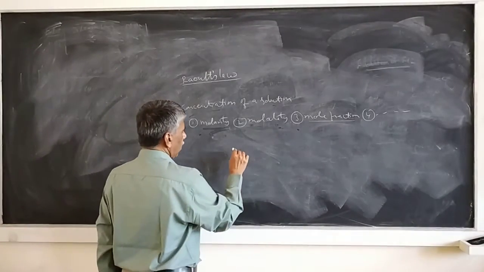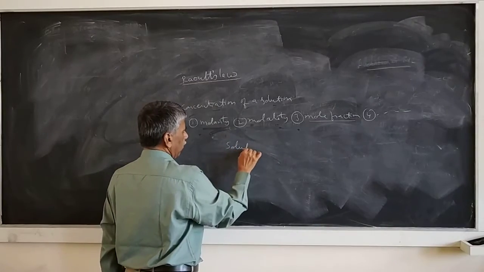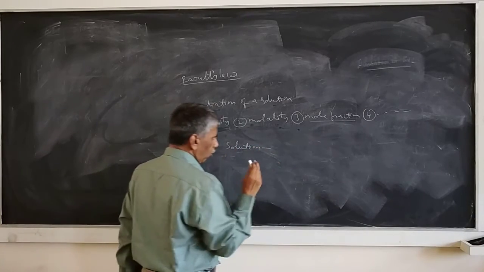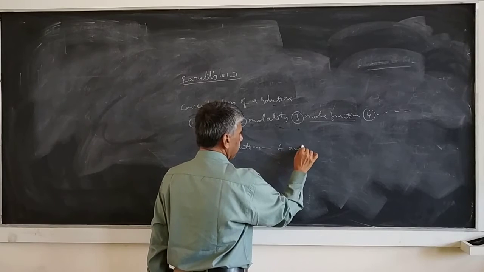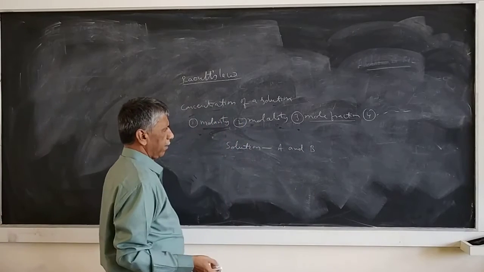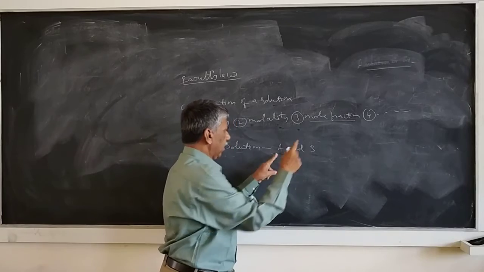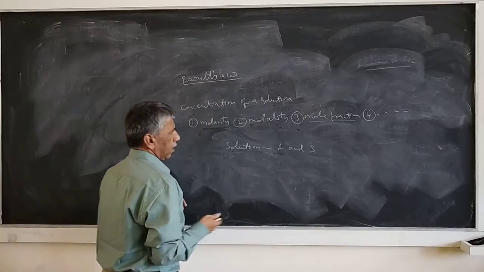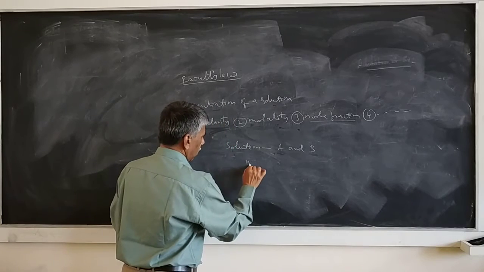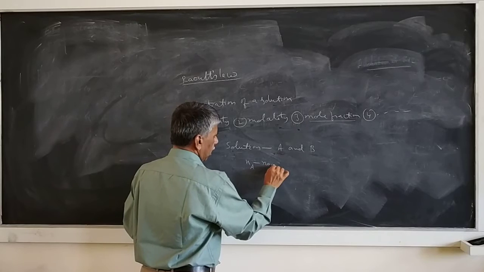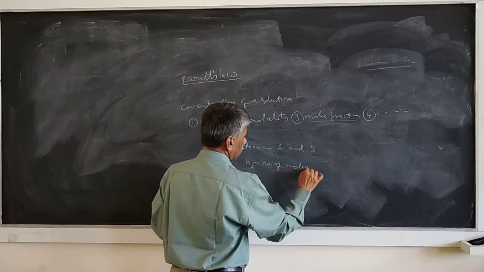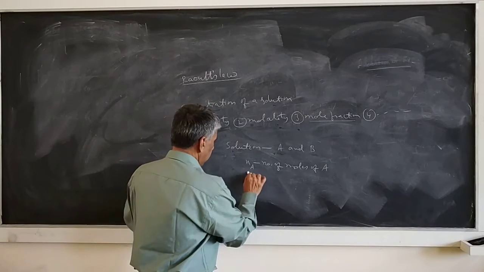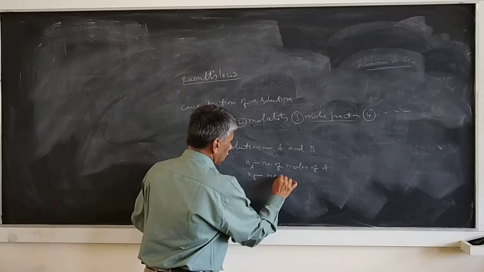Suppose a solution contains two components, namely A and B. So this is component A and component B. Let us assume Na is the number of moles of A and Nb is the number of moles of B.